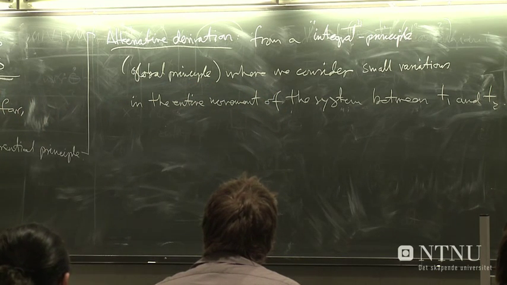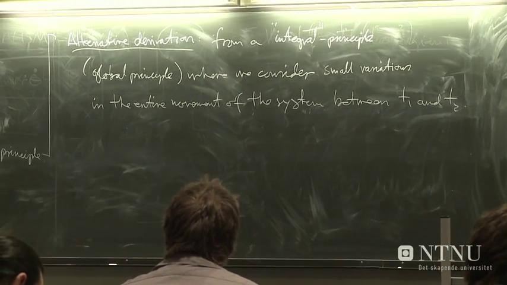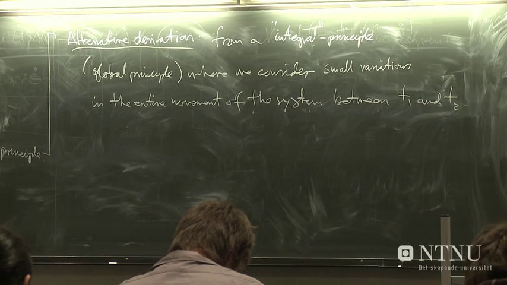So in this global principle, the idea is to consider small variations in the total or entire movement of the system between 2 times t1 and t2.